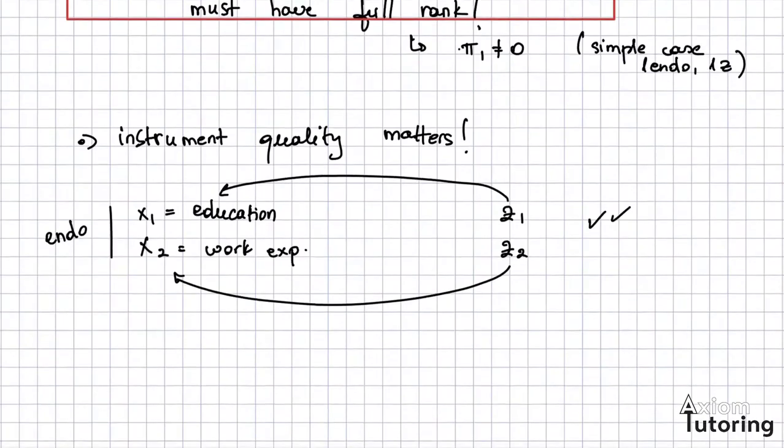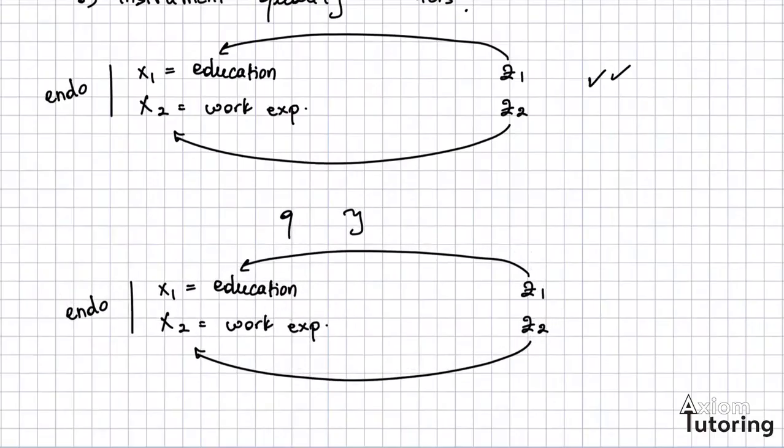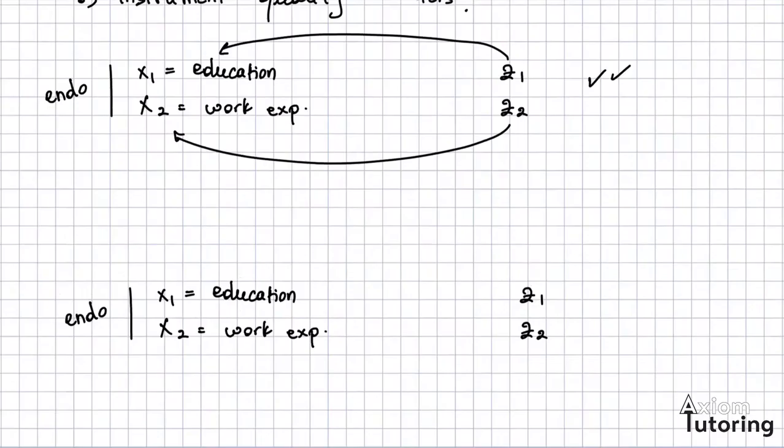But imagine that instead you have a scenario where both Z1 and Z2 affect X1 and X2 in exactly the same proportion.